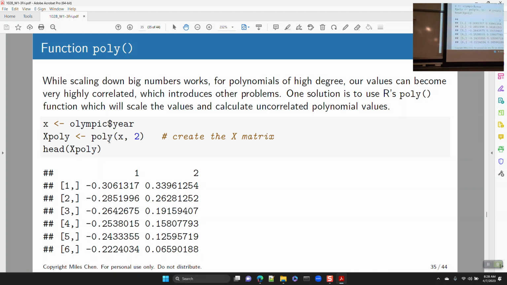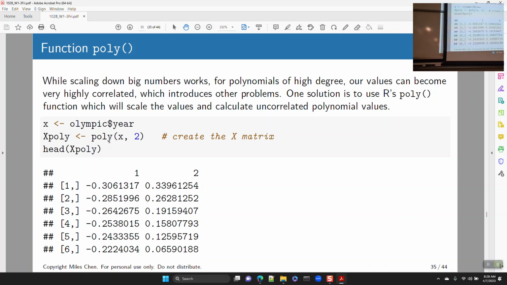And what's the correlation between the quadratic and the linear part? The correlation between these things is 0. Okay. And then for the cubic, it'll find something like this. And the correlation between the cubic and the linear is 0, and the correlation between the cubic and the quadratic is also 0.